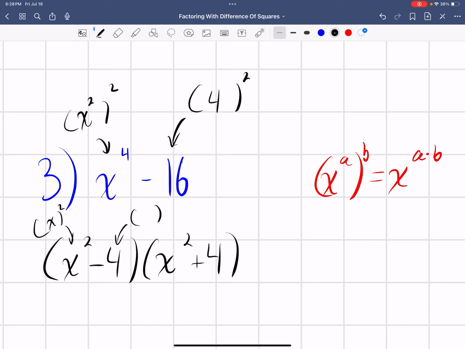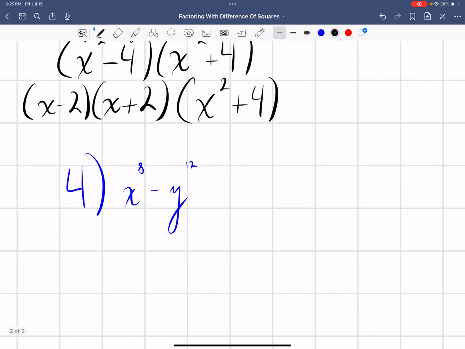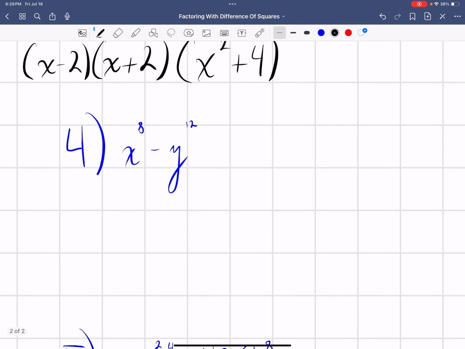What squared gives us 4? That's 2. So we can factor that one into x minus 2 times x plus 2. What about this second factor? Well, there's no sum of squares factoring pattern, so we can't factor that one. We have to leave it. It's just x squared plus 4. It can't be factored any further. So that is that for that problem. On to the next one.